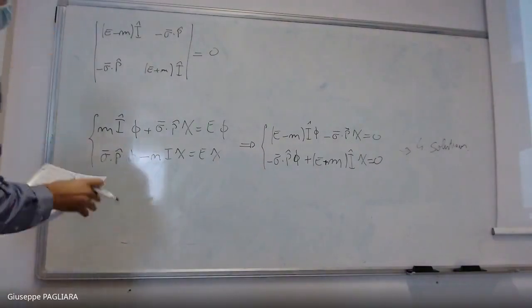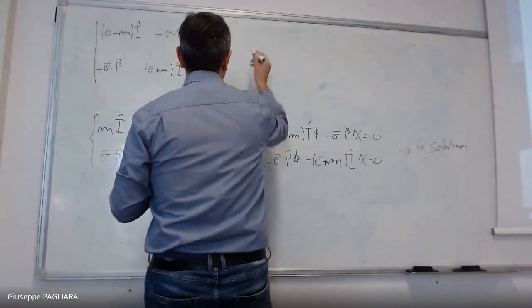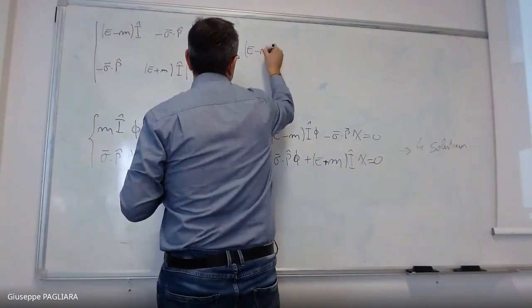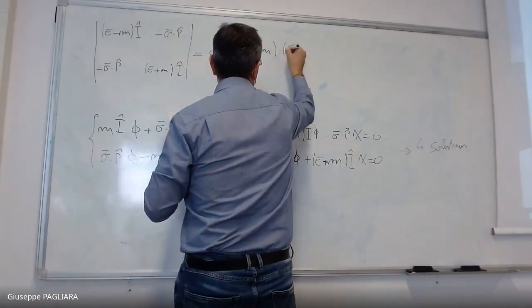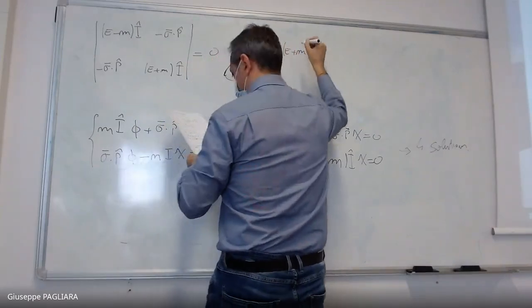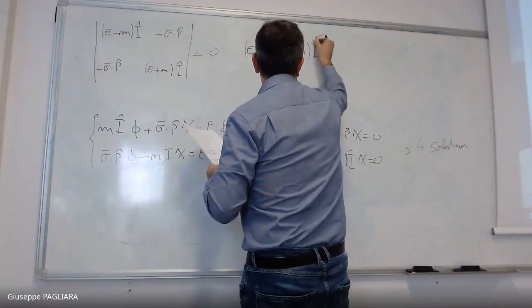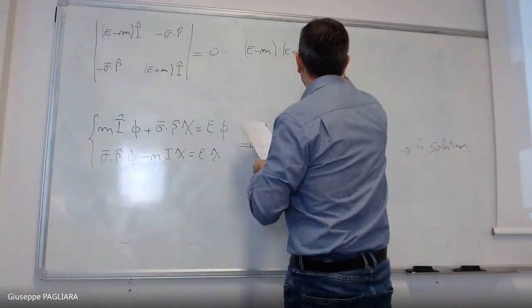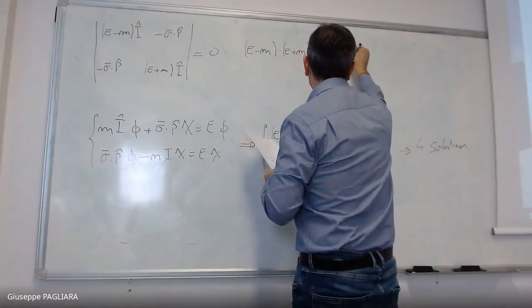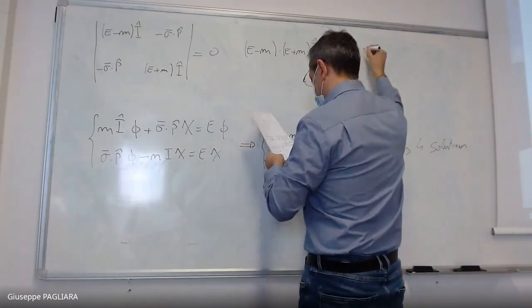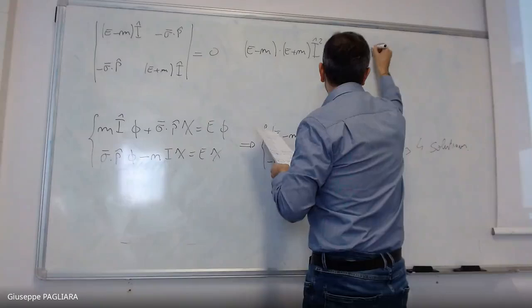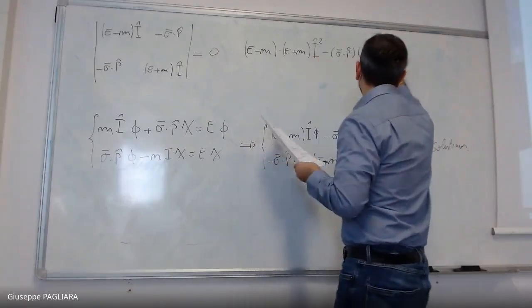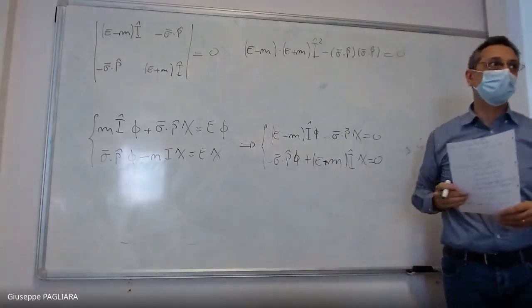So let's calculate this determinant. We have E minus m times E plus m I squared from the first diagonal, and then we have minus sigma scalar p, sigma scalar p. And this we want to be equal to 0.